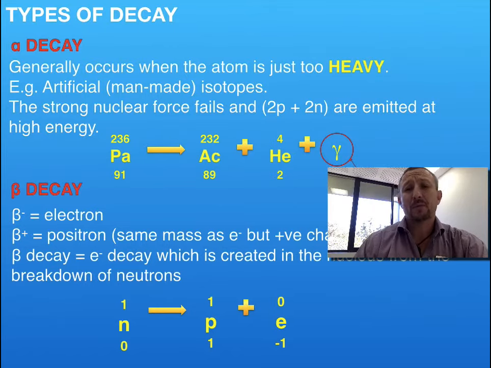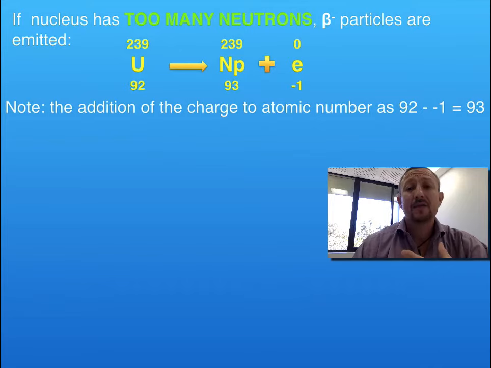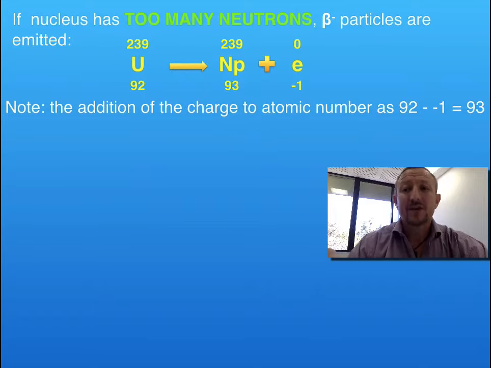So how do we use this when we put this into an equation? Well, if we've got too many neutrons, what happens is they will break down and be released in the form of an electron. Now the key thing to understand about the right hand side here is that if I was to add 93 and -1, I'd end up with 92. So 92 minus -1 equals 93, or 93 minus 1 will equal 92.